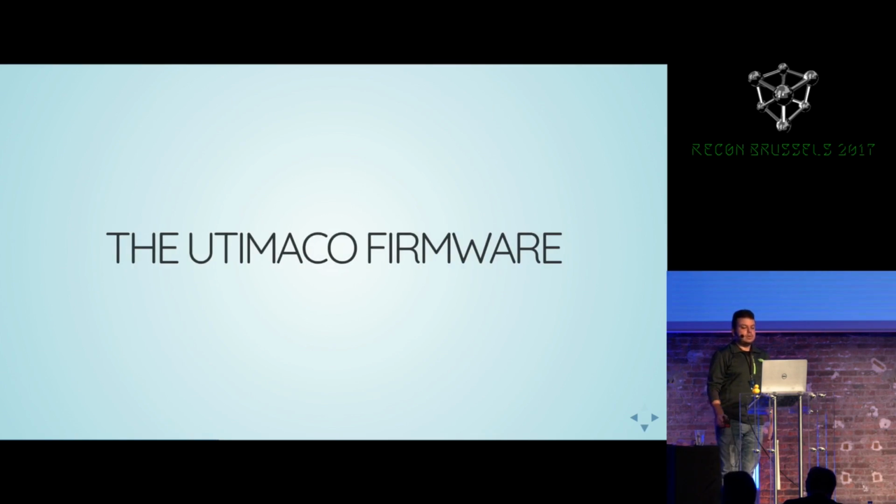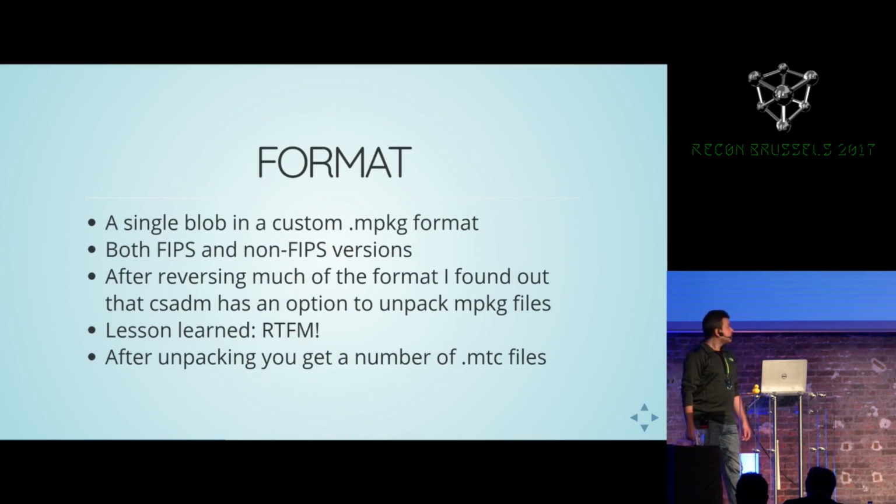And now we'll move on to the Utimaco firmware. The firmware is a single blob in a custom format. There are both FIPS and non-FIPS versions. After reversing a lot of things, I figured out that CSADM, the tool that comes with the HSM, has an option to unpack these files.